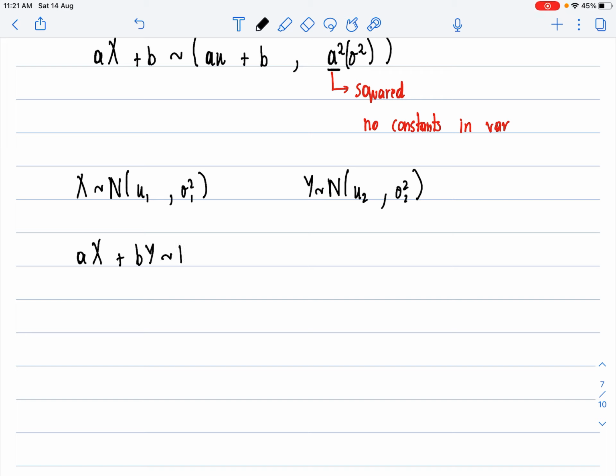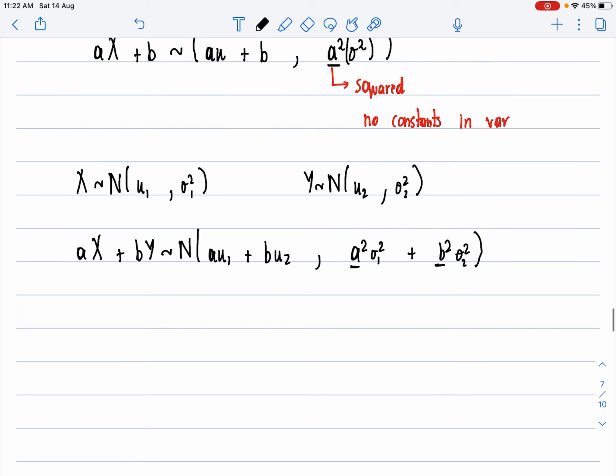So this will be normally distributed. The mean will be a into the mean 1 plus b into the mean 2, and the variance will be a square with the variance 1, plus b square into the variance 2. You notice the square here because it's a multiple.